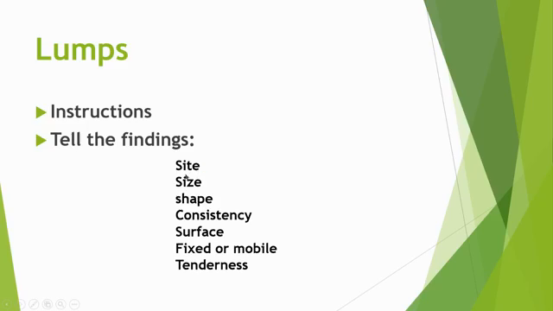If it is in the right hypochondrium, then what are the possibilities? It may be a hepatic mass, it may be a gallbladder mass, it may be a mass in the right flexure or right of the transverse colon.